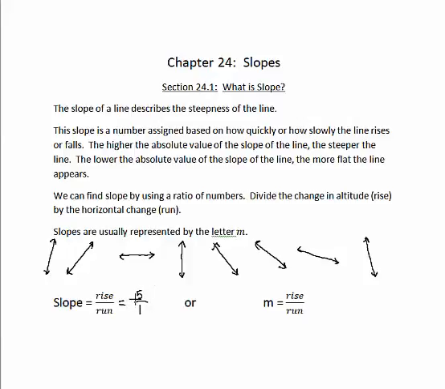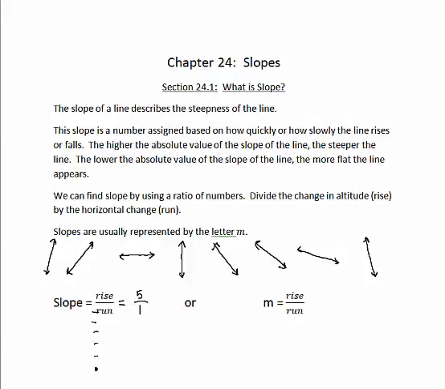This would be a pretty steep slope. Basically, if we started at one point, we could locate a second point by following these instructions, which tell us to change our altitude by 5, and then to change our horizontal position by 1. So we would go up 1, 2, 3, 4, 5.